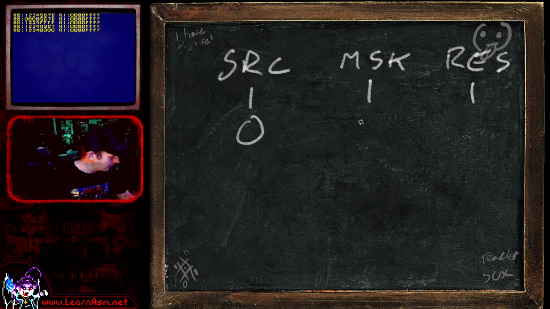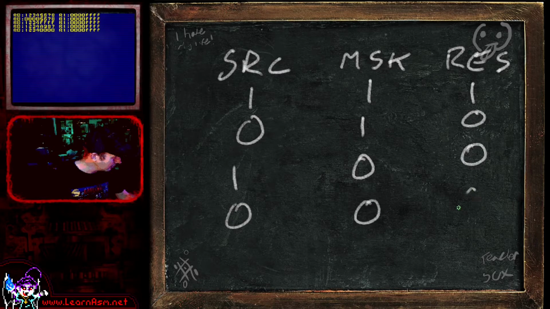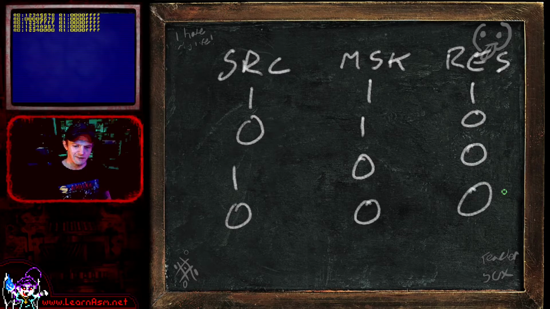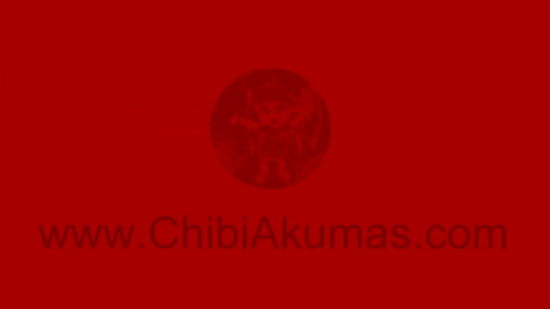But if either of the source or the mask are a 0, the result will be a 0. And of course, if they're both 0, the result will be a 0. So that is an AND operation. Very straightforward there.